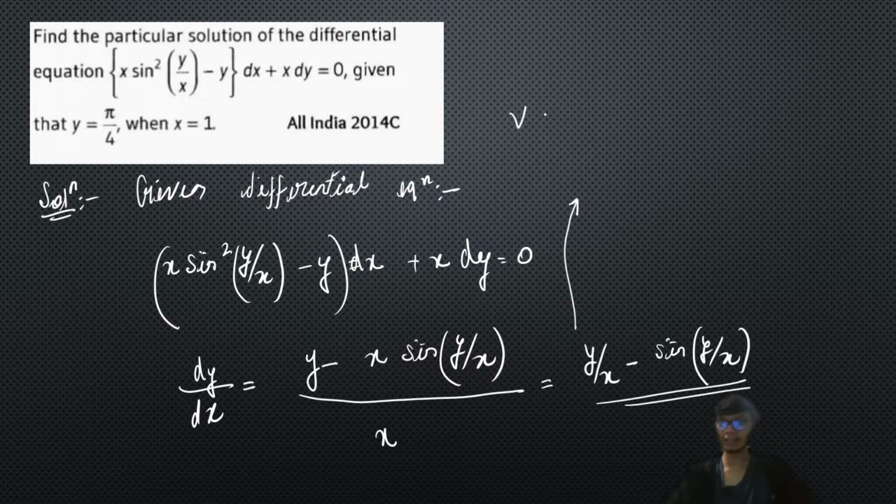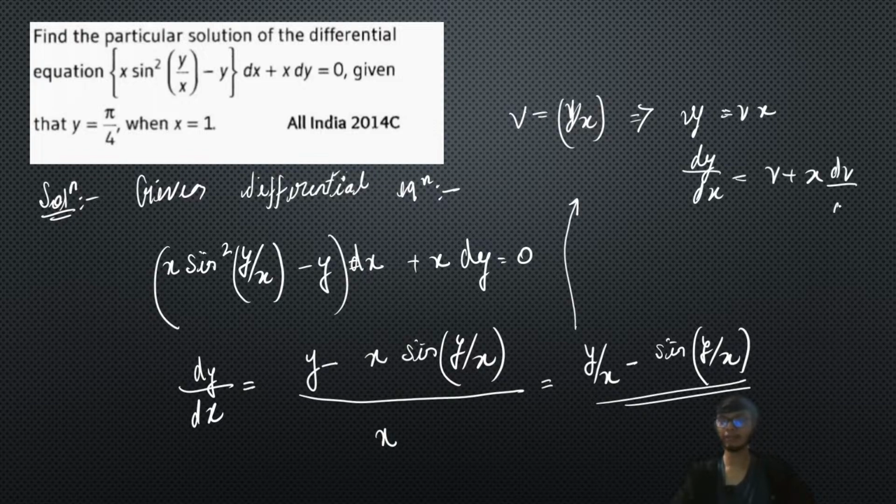So we can again assume v as y upon x, and then we can write y as v into x, and from here I will get dy upon dx equal to v plus x times dv upon dx, right? It is clear to all of you.